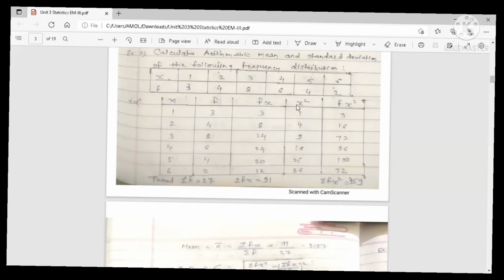X square means you find the square of observations, and Fx square means the F into X square column. In the last row you do the total, means you do the addition of all the terms, so that you get summation F, summation Fx, summation F of X square to calculate the arithmetic mean and standard deviation.